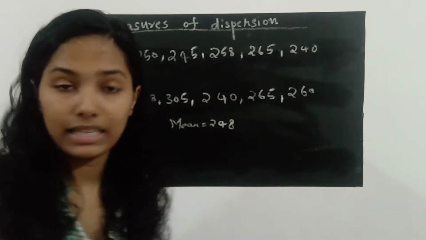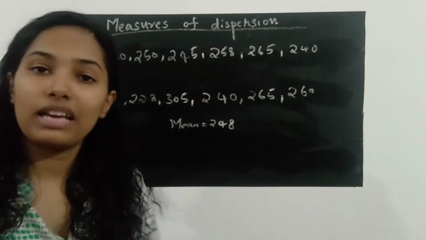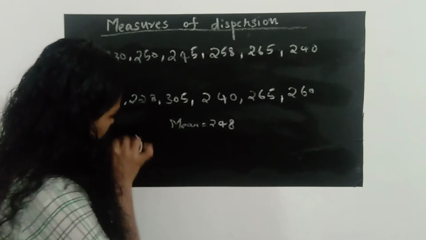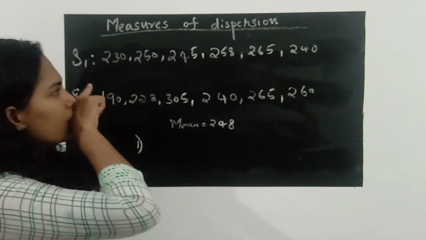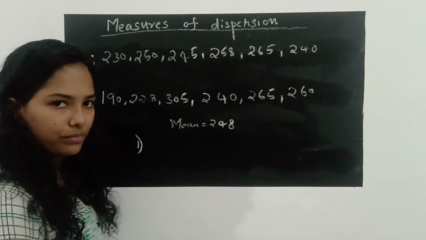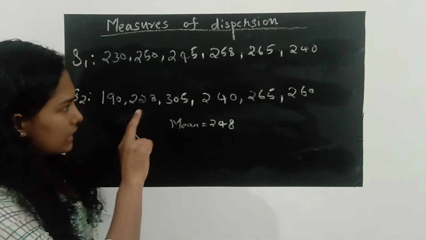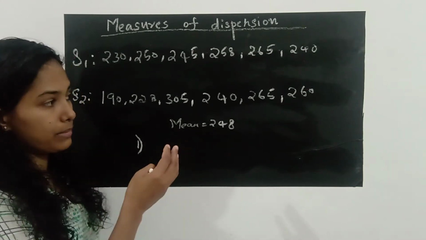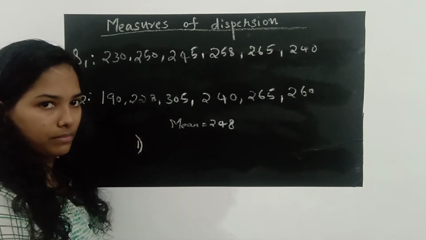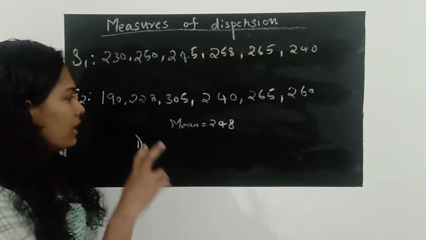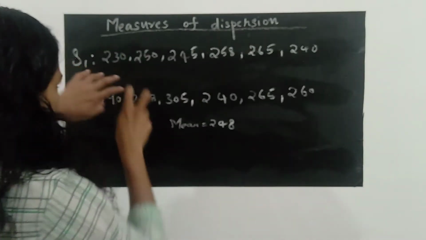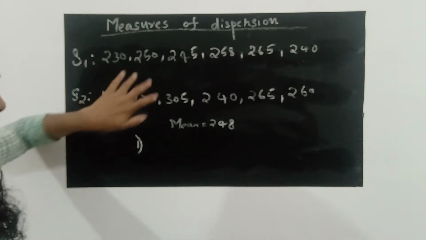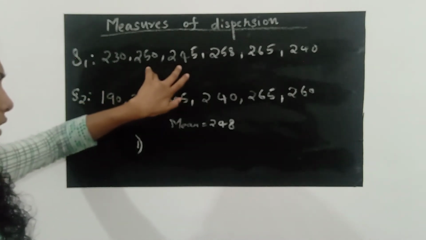So, in the statistical sense, dispersion has two meanings. The first one is how each value is diverse among themselves, variable among themselves. Between 230 and 250, there is a difference of 20. Between 250 and 245, there is a difference of 5.